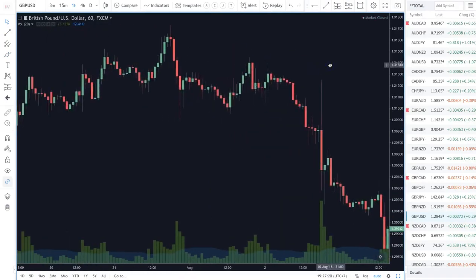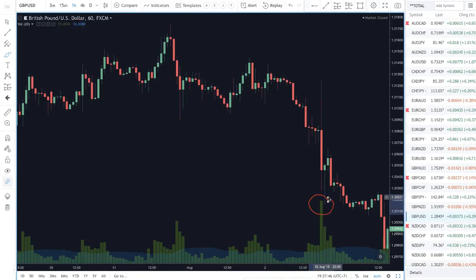Now, remember in the last video I was telling you, if you have an increase in volume during the pullback phase, it means it's going to take longer. It doesn't mean it's over. But what does it mean when the sells are over? When you have a very, very large high volume.